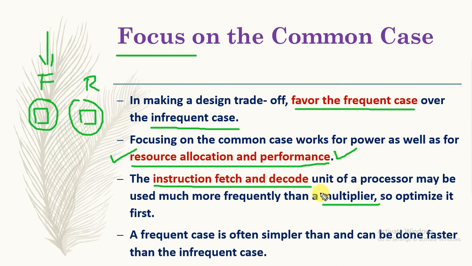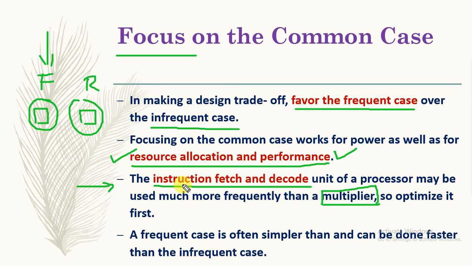The multiplier is required only when a multiplication operation is to be done. So it is always better to optimize the operations that happen with the instruction fetch and decode. Just focus on the common or frequent case that will be utilized most of the time.